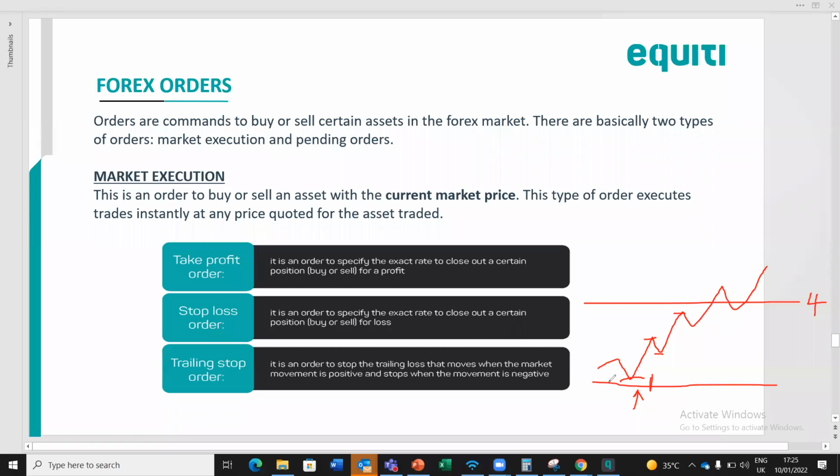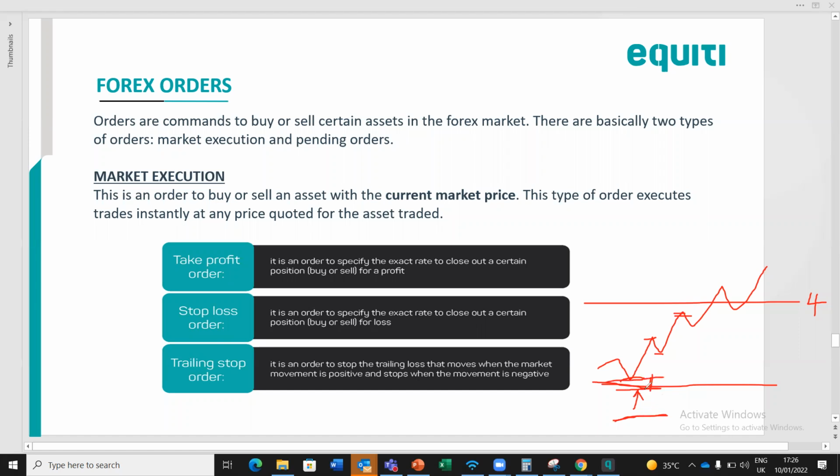Remember, you entered a position here at price level one, for a buy. Now, you can have your stop loss at 0.5 because you're expecting prices to appreciate. So if price appreciates from 1 to 2, and then to 3, once price appreciates to 3, your trailing stop loss will automatically move to your entry price 1.